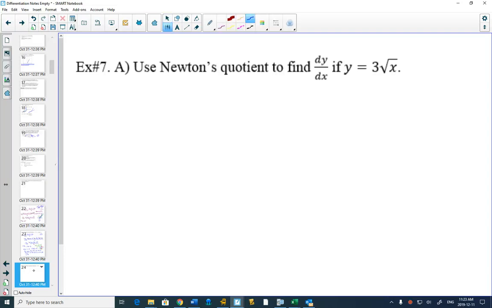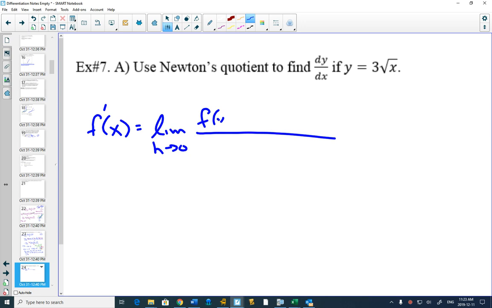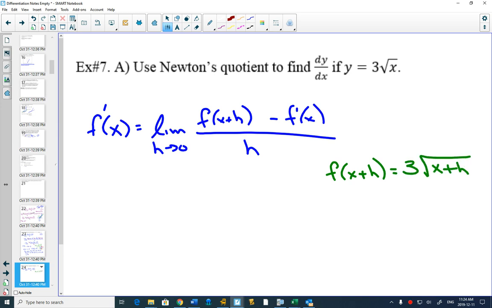We write out our definition of our derivative, that our derivative f prime of x is the limit as h goes to 0 of f of x plus h minus f of x all over h. And off to the side, I'm going to switch colors. Off to the side, I am going to figure out f of x plus h. That would be 3 plug in. Oh, it's pretty easy to figure out. It's just 3x plus h.